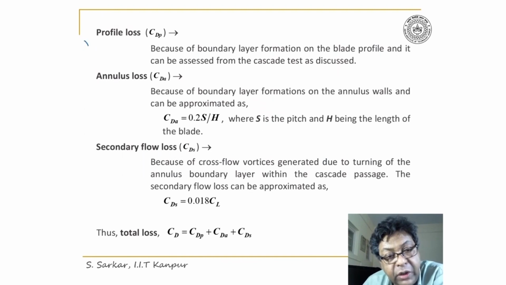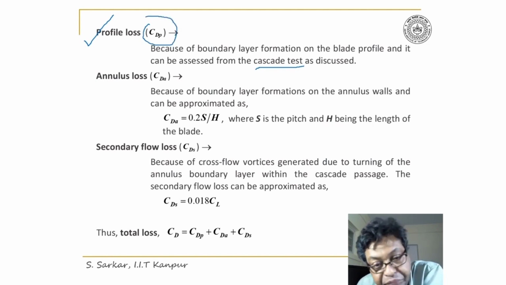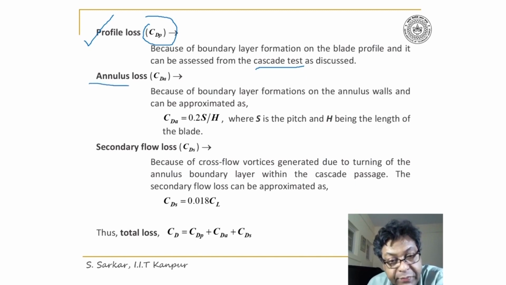Thus, the losses can be classified. One is the profile loss. Profile loss is the source of formation of boundary layer on the blade surface, and this can be assessed from cascade test. So profile loss is designated as CDP. The second one is the annulus loss.